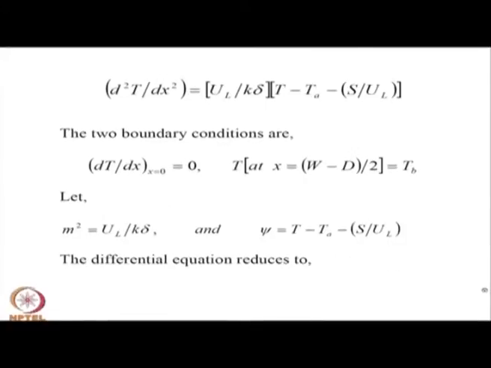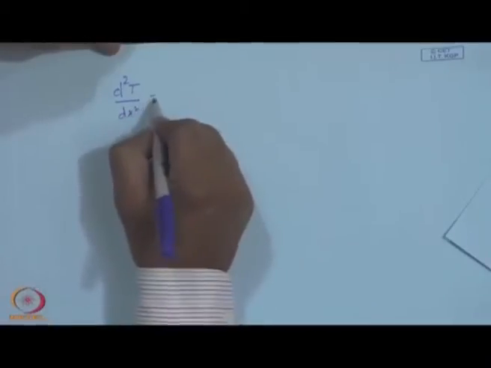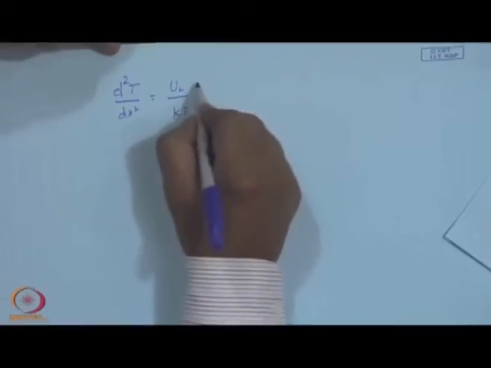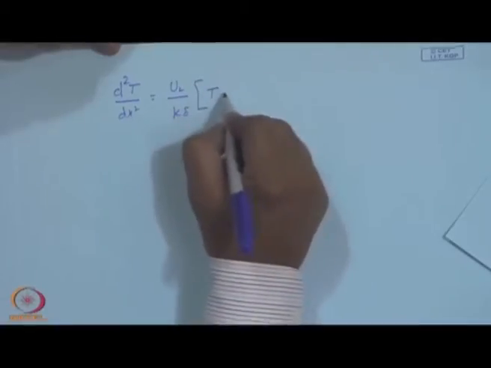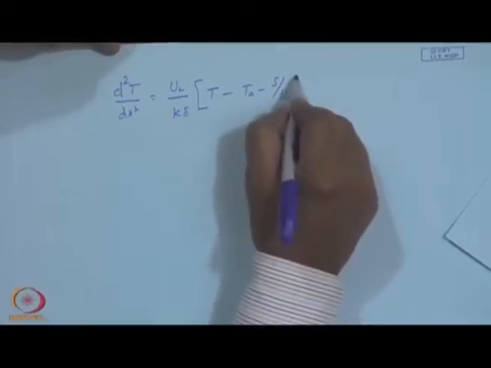If you take the limit and express k delta dT dx at x plus delta x, you will get an equation of d squared T by dx squared equal to U L upon k delta times T minus T a minus S upon U L.